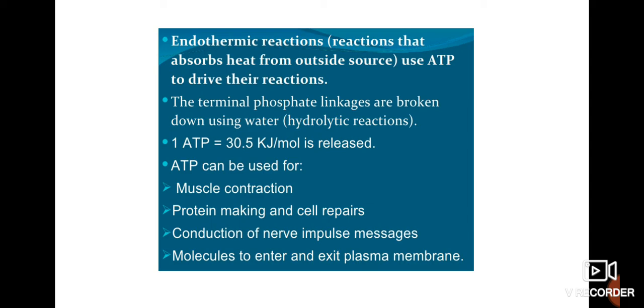As you can see here, I have mentioned that one ATP molecule will produce around 30.5 kilojoule per mole of energy. And this ATP is used for different vital life processes like contraction of muscles, protein making, repair of cells, conduction of nerve impulses, and molecules entering and exiting the plasma membrane.